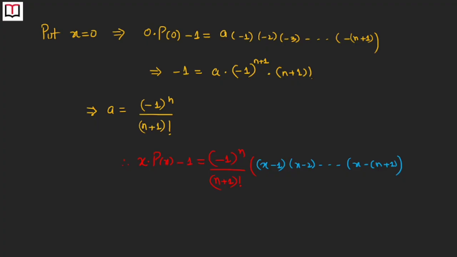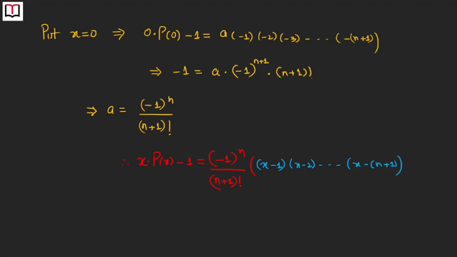Now we have to get the value. We are given n is equal to 2017, and we need the value of the polynomial at x equal to 2019. That means wherever we have n we replace it by 2017, and wherever we have x we replace it by 2019.